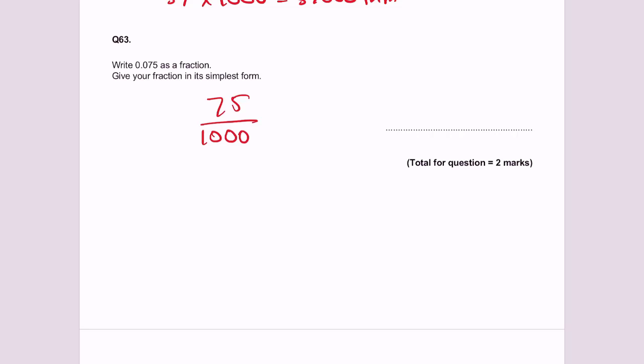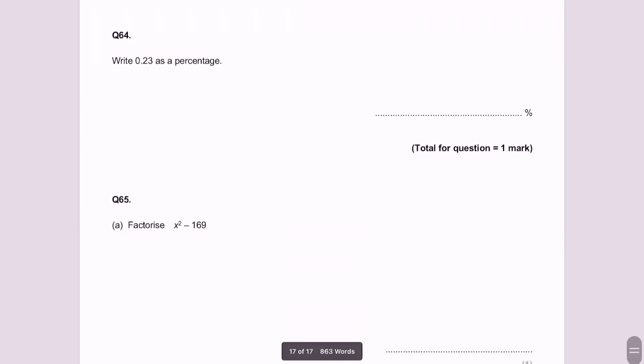Like I said, if it's a calculator paper, press the fraction button, type in 75 over 1,000 and press equals, and that will give you the simplified answer. Check out my calculator hacks video on GCSE Maths for all the different calculator hacks. The answer is 3 over 40. It's a calculator paper, so make sure you use the calculator.